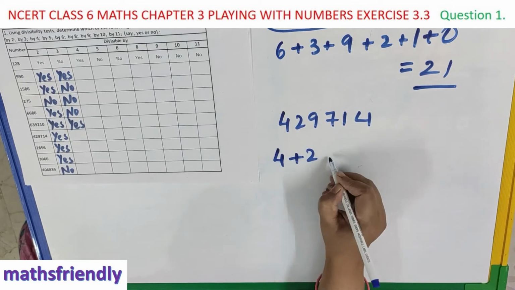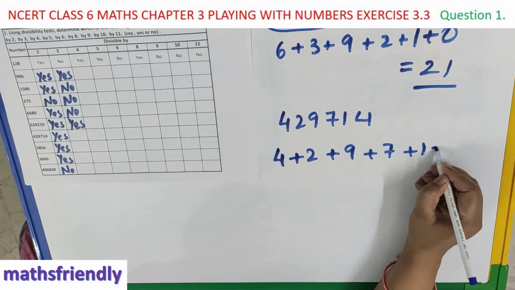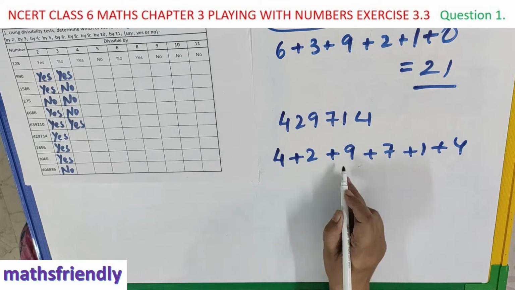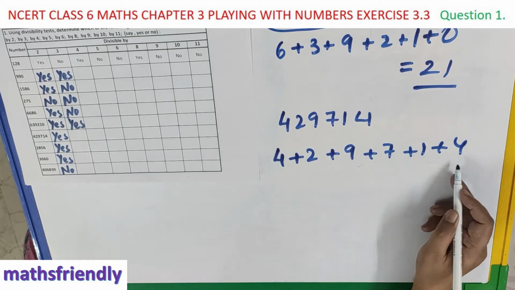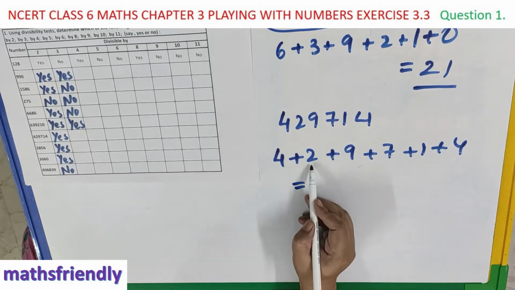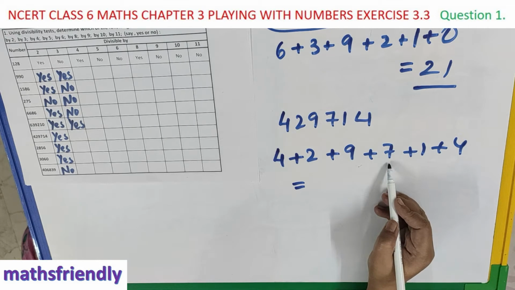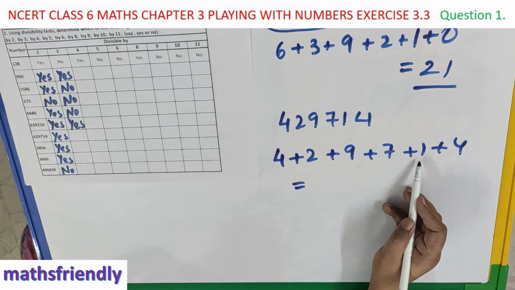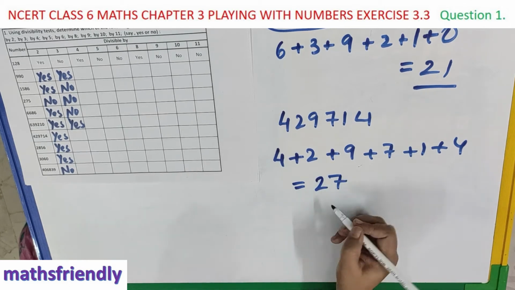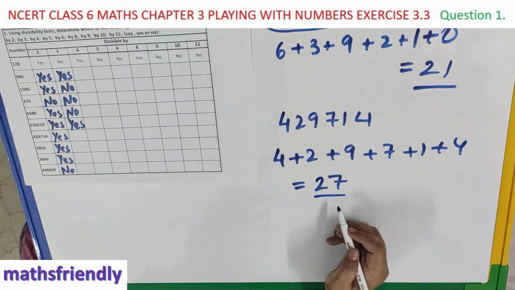We have to add the digits of the number. 4 plus 2 plus 9 plus 7 plus 1 plus 4. 4 plus 2 is 6, 6 plus 9 is 15, 15 plus 7 is 22, 22 plus 1 is 23 and 23 plus 4 is 27. Is 27 divisible by 3? Yes, 27 is divisible by 3.